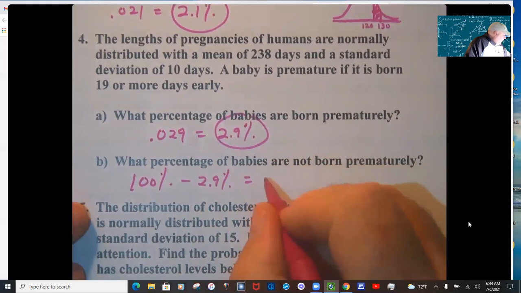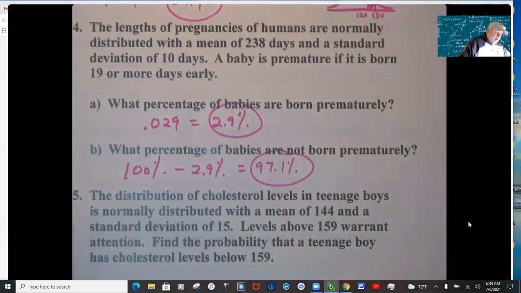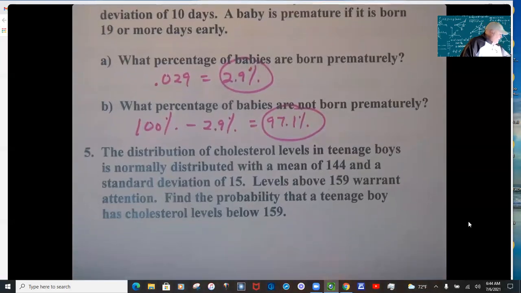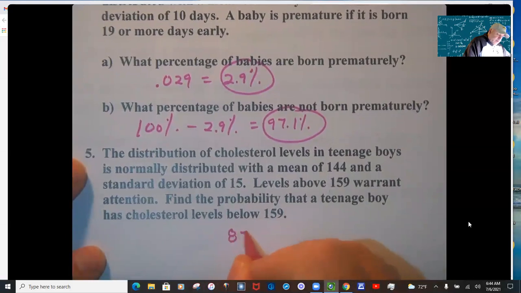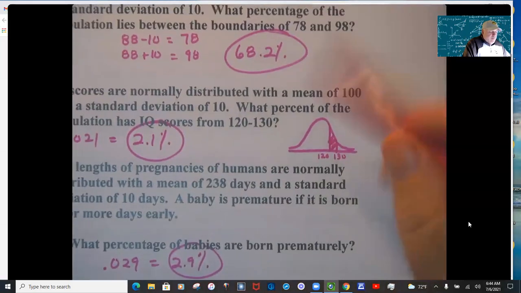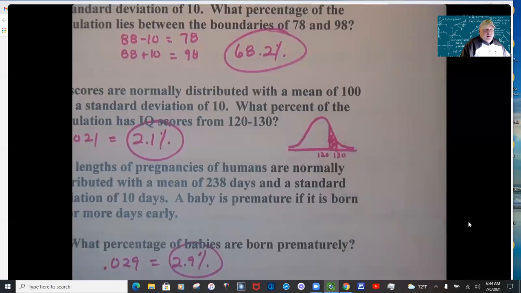That complement is 97.1%. Okay, levels below 159, same idea, 84.1% of the population.